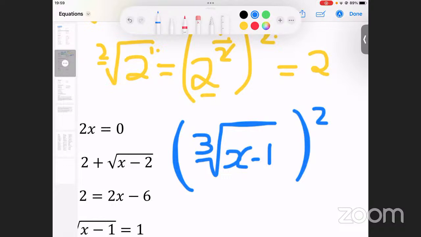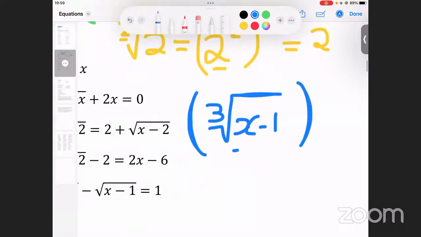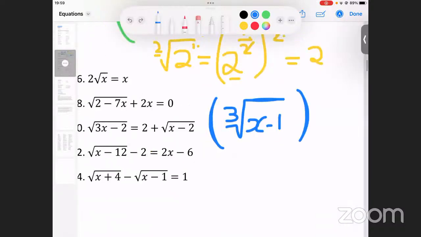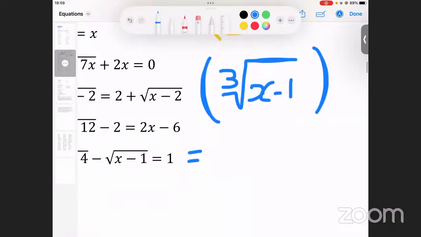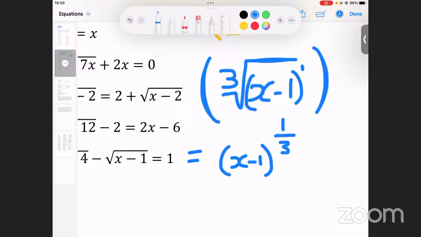But whether you know if it's cube root of something or not, you must just be aware that this thing can be written differently. How can it be written? It can be rewritten as, inside obviously is x minus 1 to the exponent of 1, that invisible 1 there, over that 3.